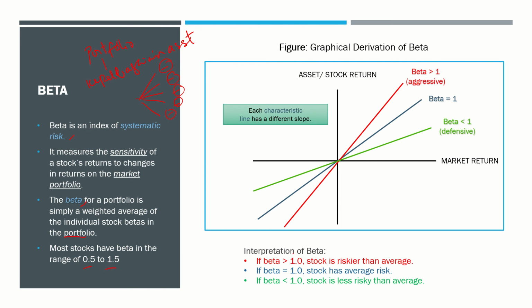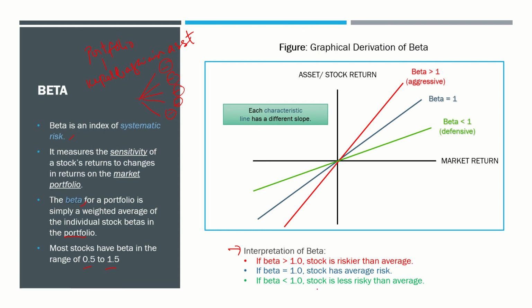Maksud dia kalau beta, ni interpretation dia, kalau beta lebih daripada 1, maksudnya stok tu dia lebih tinggi daripada average risiko dia. Kalau sama dengan 1, maksudnya stok has average risk.